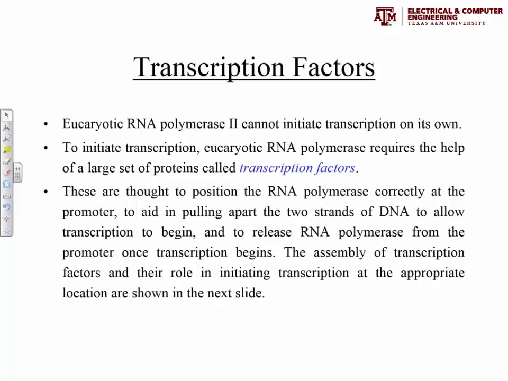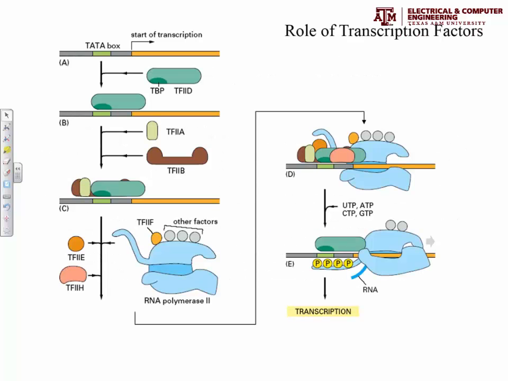The assembly of transcription factors and their role in initiating transcription at the appropriate location are shown in the next slide. Again, this is a schematic diagram. This is the promoter region. It has a box called the TATA box, because it's thymine, adenine, thymine, adenine. So there is some consensus sequence. It's not a unique sequence, some consensus sequence that will determine the start of transcription.